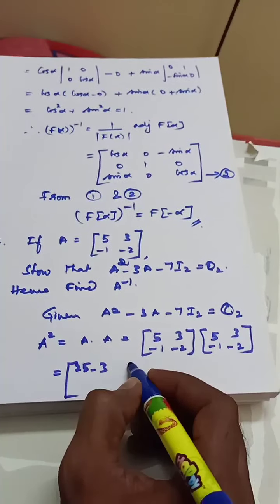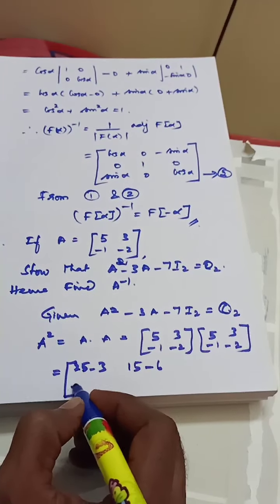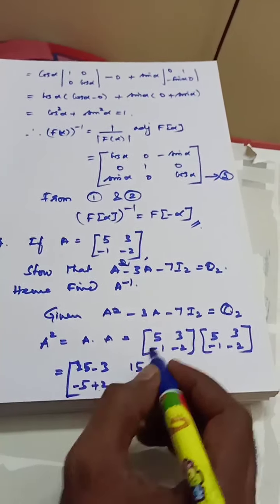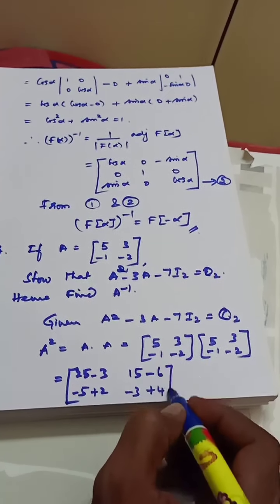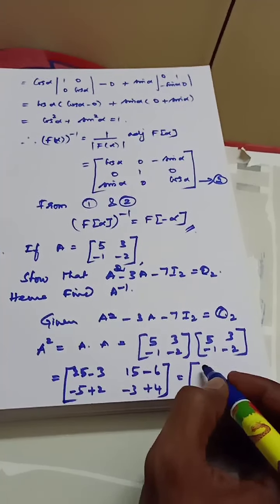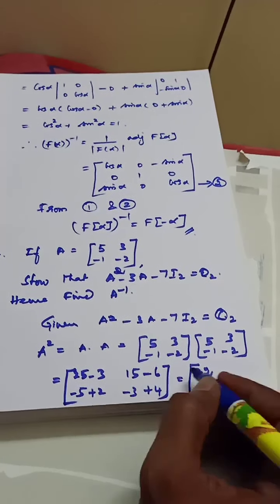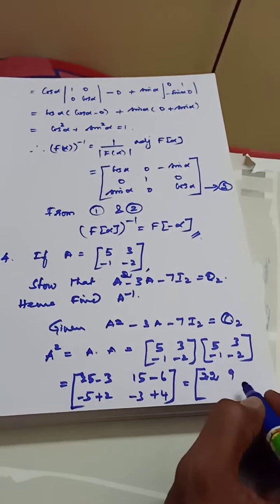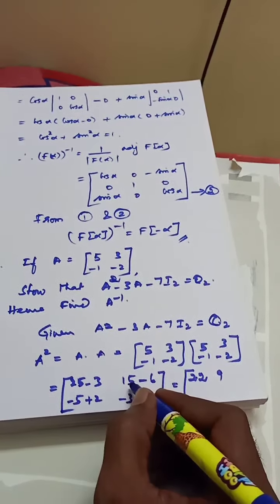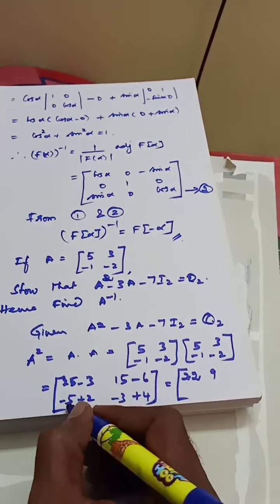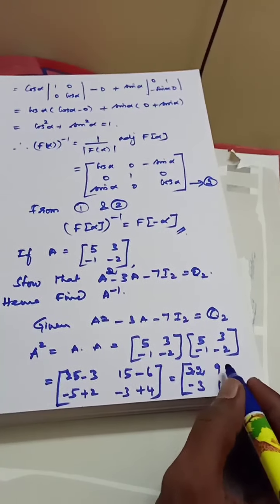The second number will be 15 minus 6, and the second row first number is minus 5 plus 2, and this will be minus 3 plus 4. So that is 25 minus 3 is 22, 15 minus 6 is 9, minus 5 plus 2 is minus 3, minus 3 plus 4 is 1.